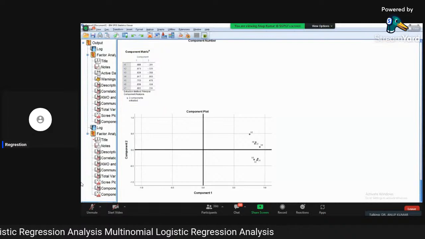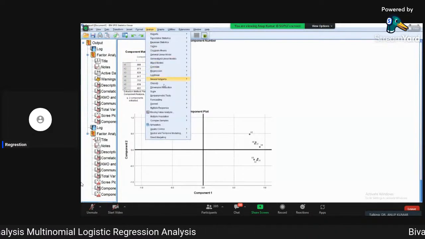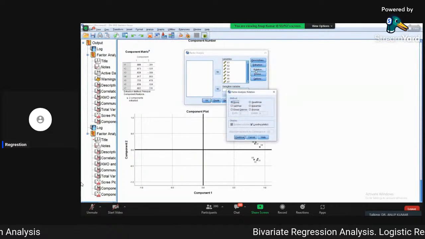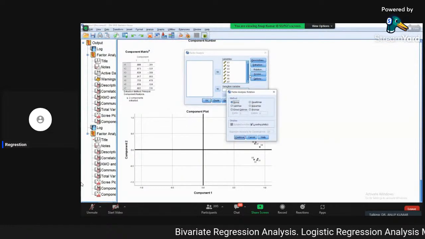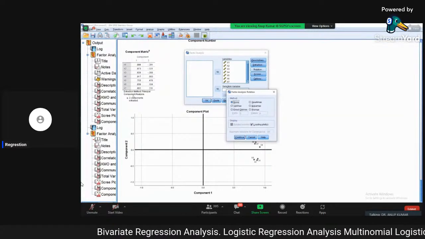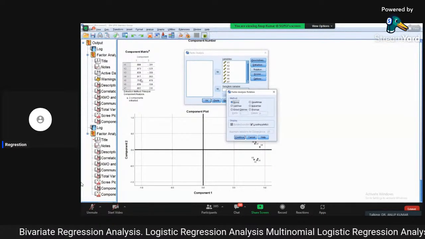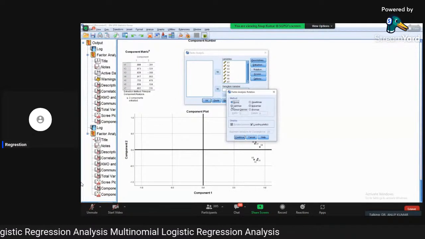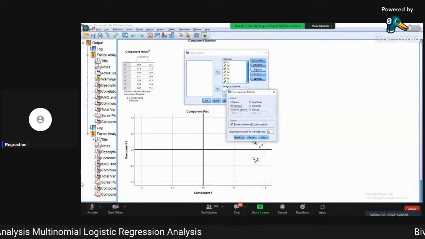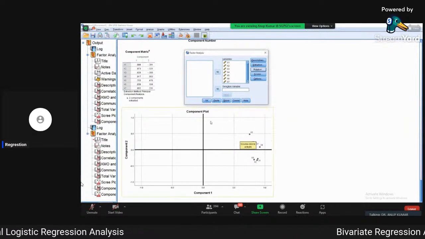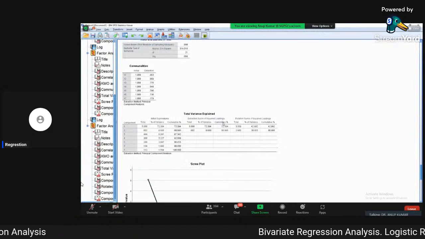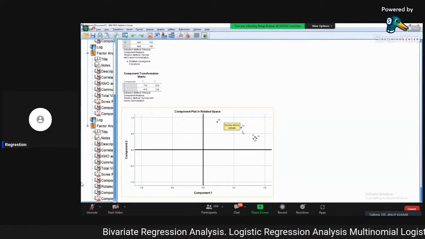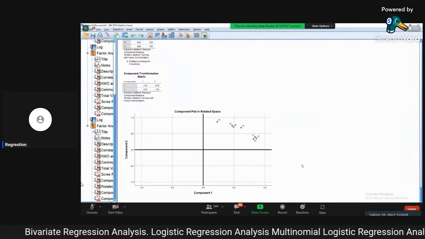Again, now I will go to Analyze, Dimension Reduction, Factor, and I will go to Rotation. Why am I going to the rotation? Because you can see that these are very much close. If I go to the Varimax rotation, and I will continue, then click OK. So this will now show me the Varimax rotation like this.